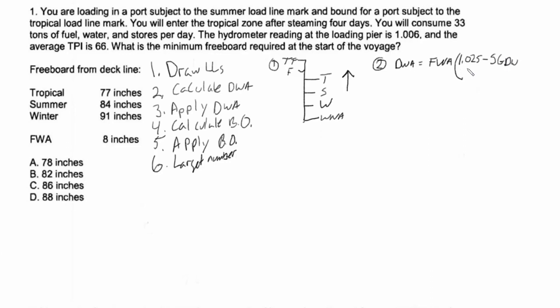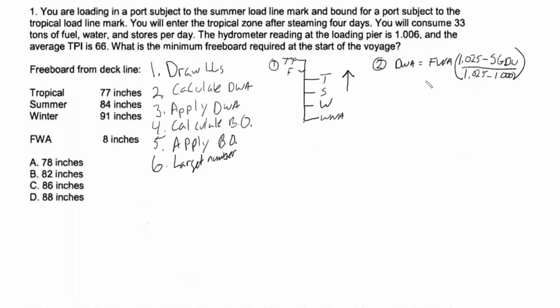In our case, it's going to be 1.006, and that's all divided by the specific gravity of salt water minus the specific gravity of fresh water. Okay, so this is going to become a constant. When I take 1.025 and subtract 1, I'm going to have 0.025. This number is going to stay up there as well.